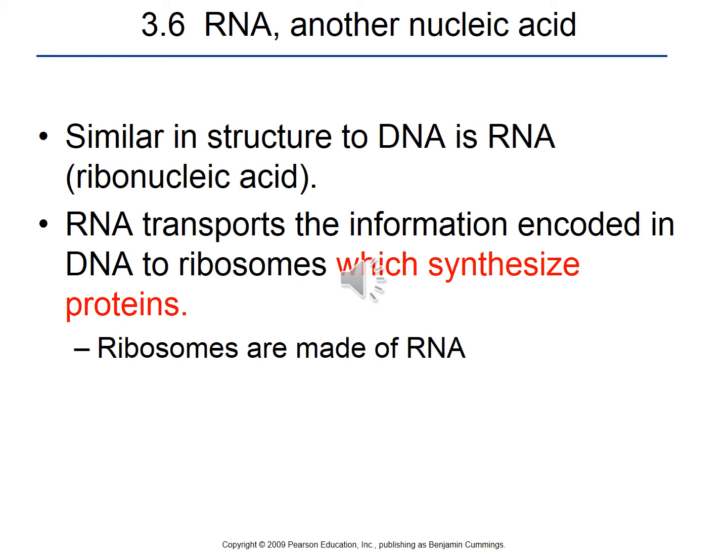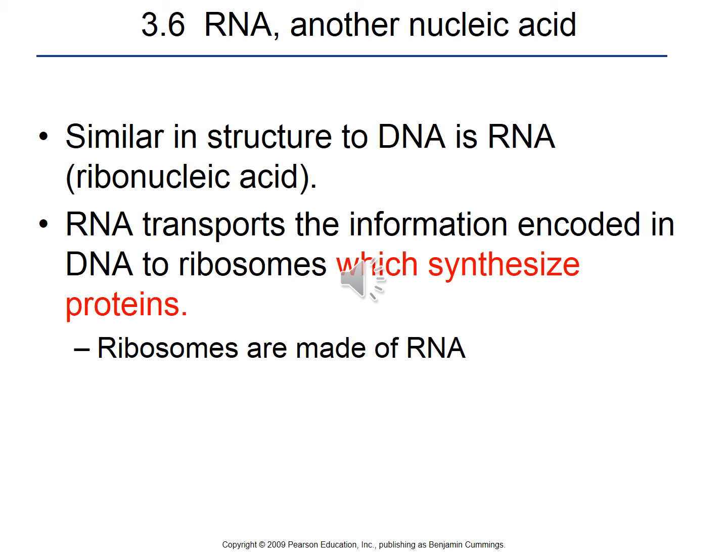The other nucleic acid that is similar to DNA is RNA. It is called ribonucleic acid. There are a few differences between DNA and RNA, and one big difference is its sugar is not deoxyribose, but its sugar is ribose, and also its function. DNA is the blueprint that is double-stranded and it's inside of your nuclei.